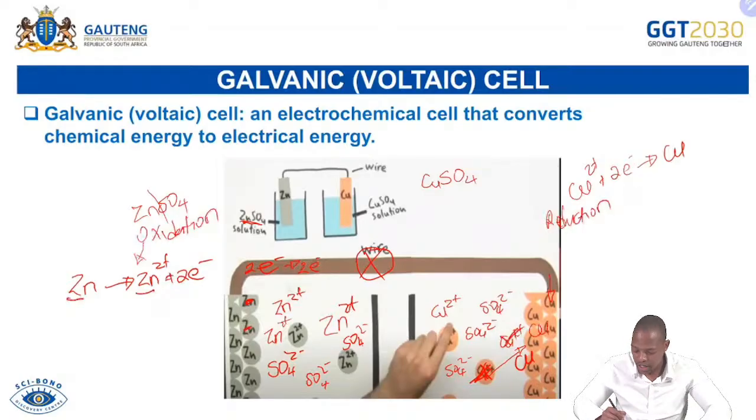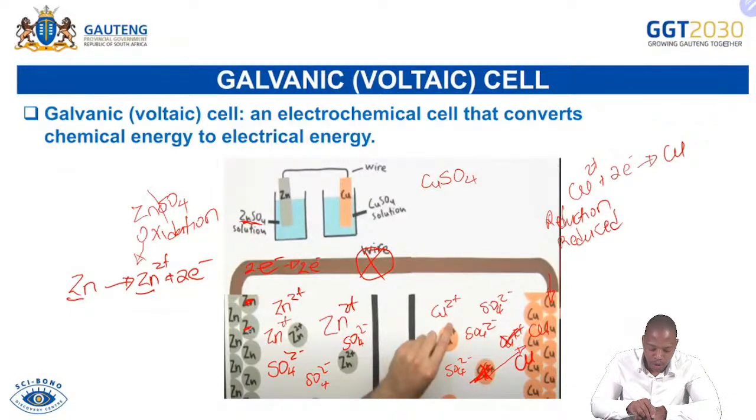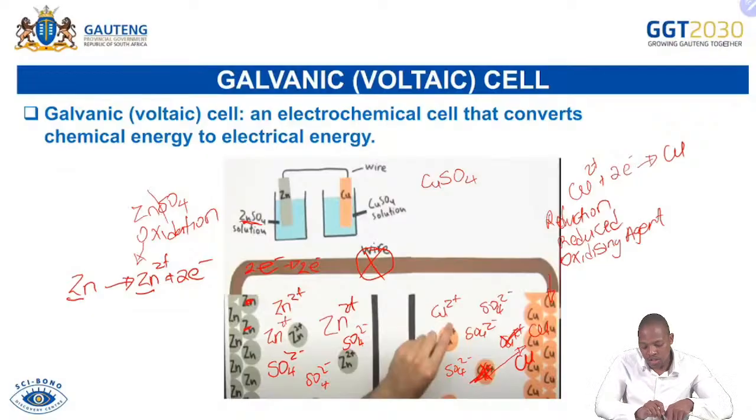If reduction is taking place, we can say this one is being reduced. If it is being reduced, itself cannot be a reducing agent. No. It is being reduced by the zinc, the Zn. So itself, it is the oxidizing agent, because it is the one that is causing the oxidation on the other side. I hope you are now getting used to the terminology.